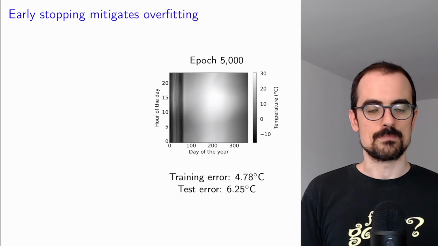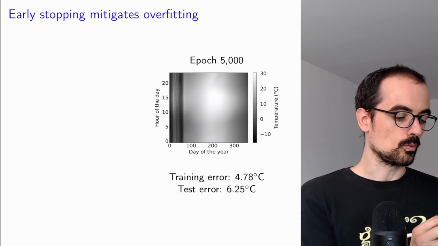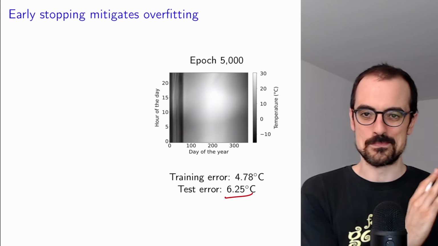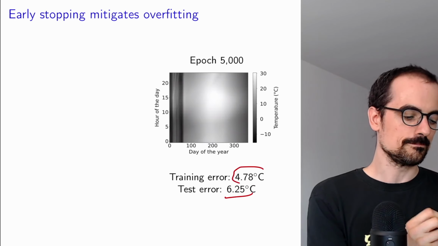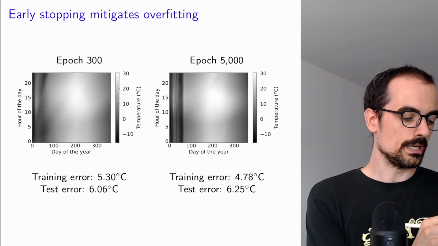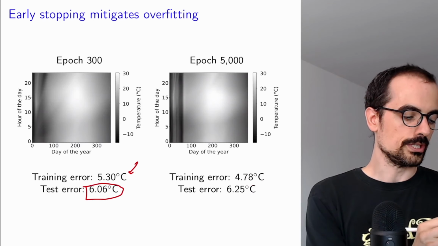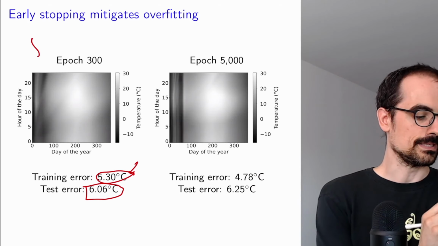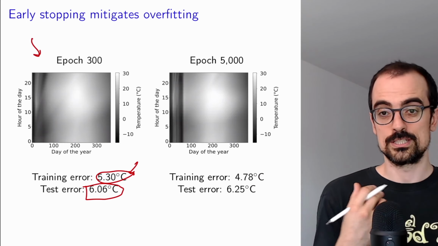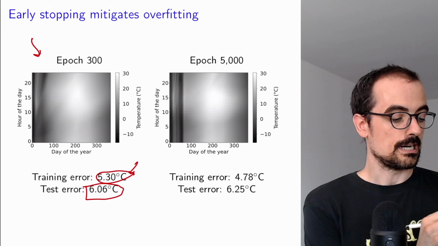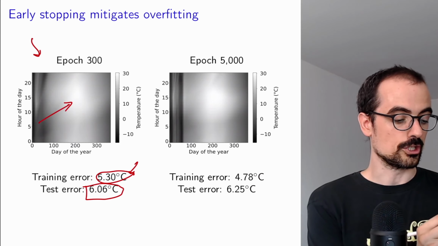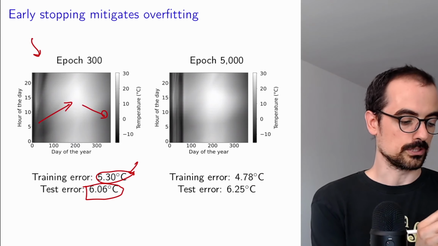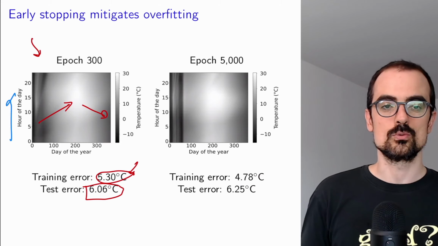If we don't do that, by epoch 5000 we overfit quite a lot, although the test error is not so bad. It's still the same as in the simple model, but we are clearly overfitting. If we stop before, we get a better test error because we're reducing overfitting with this early stopping strategy. And this is the estimate that we obtain, which learns about certain patterns, like, for example, the temperature going up and down with respect to the day, and in this direction with respect to the year, and in this direction with respect to the day.